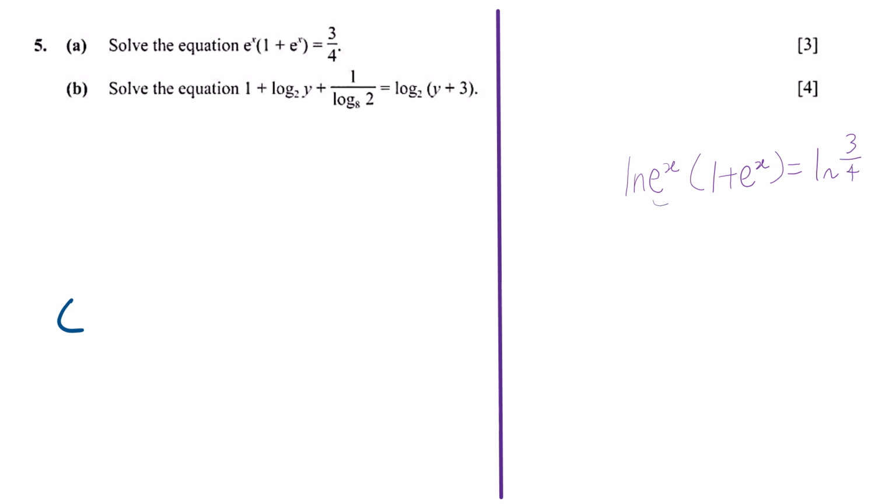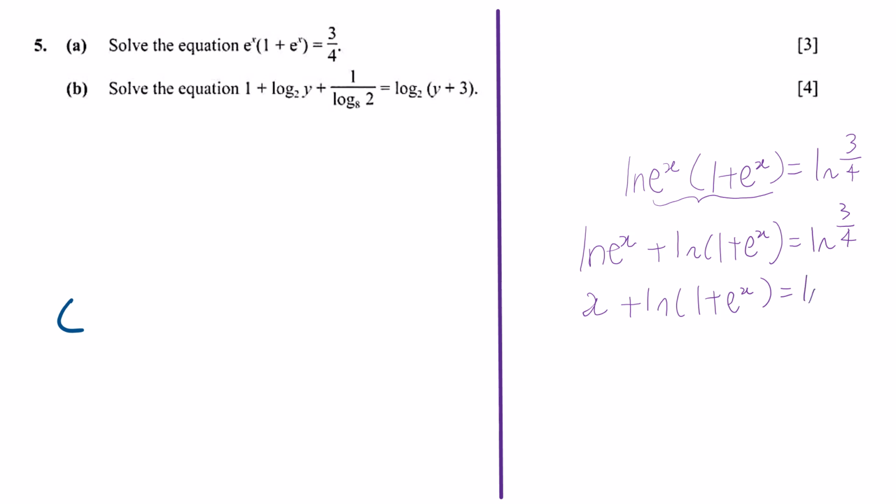Right, and this one here, we can apply the power law, and you can bring the power down. ln e will be 1. But you realize that you can't continue any further because there are no laws given to simplify this part here.